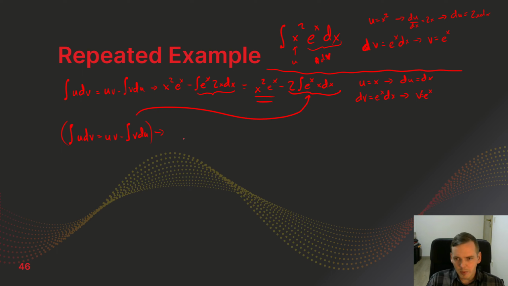So that will be u is x, v is e to the x, minus the integral of v, which is e to the x, du, which is dx. And when we integrate it, we'll get x e to the x minus e to the x plus c.